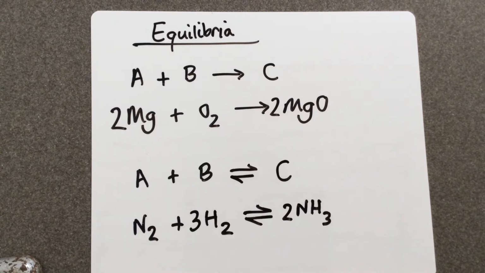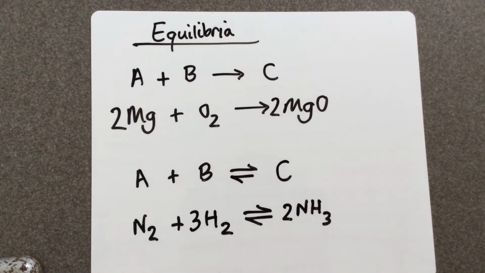But the moment that the ammonia is formed, a small percentage of that will be turning back into the reactants. So I've got the forward reaction and the reverse reaction happening at the same time. So when you learnt that this sign means reversible reaction, it's not necessarily telling you the full story. The two reactions are happening at the same time.